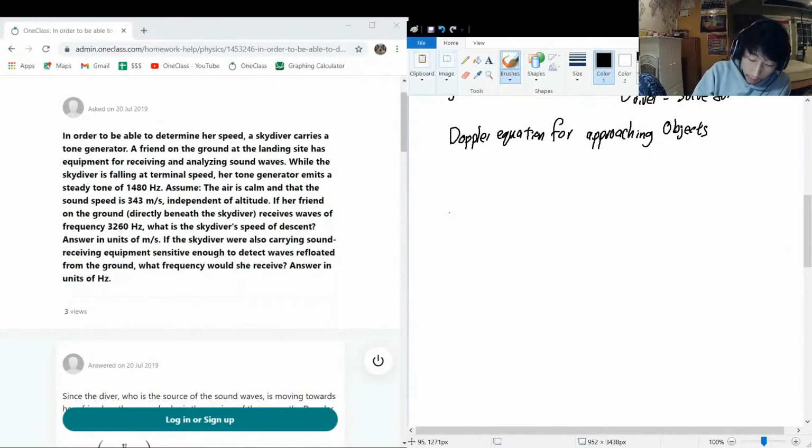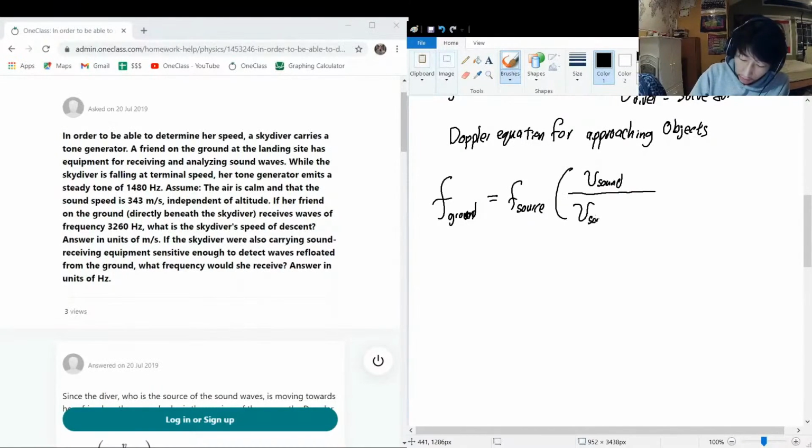We have the frequency as observed by the observer, so let's call that F ground, because in this case the observer is on the ground. It's going to be the F source, but the F source needs to be scaled. The amount that it's scaled by is the velocity of sound over the velocity of sound minus the velocity of the diver. Now, if we were perhaps in the airplane above, this would be plus instead. So when it's approaching, we have a minus in the denominator.